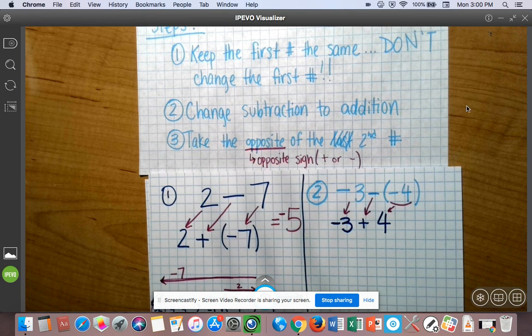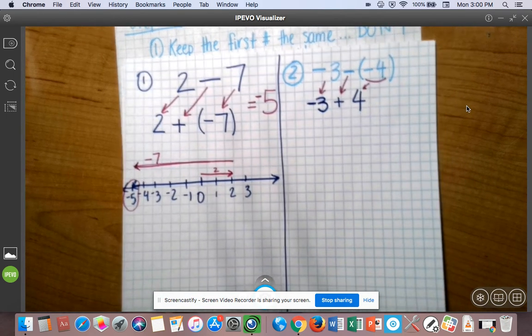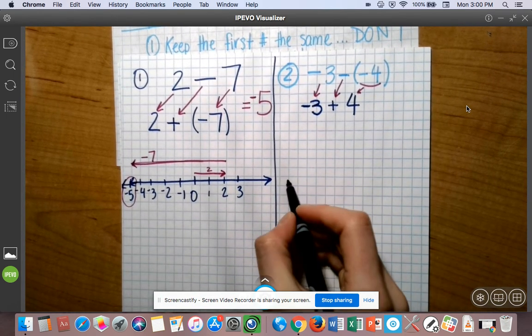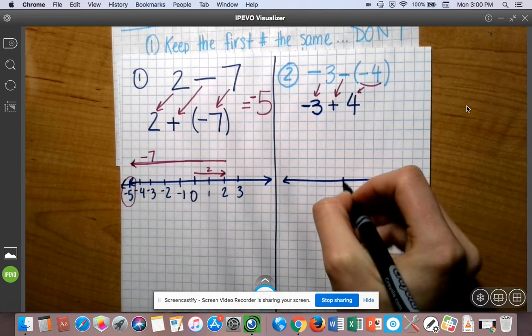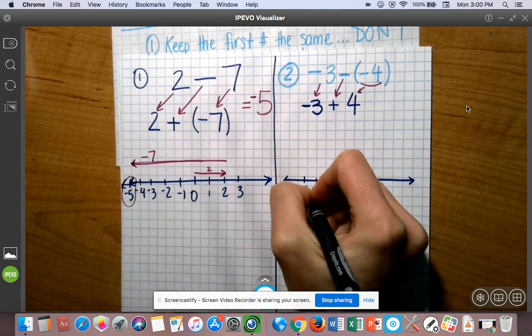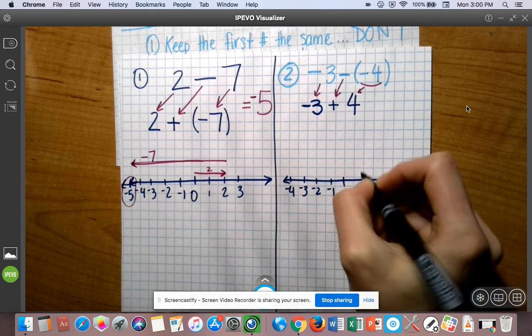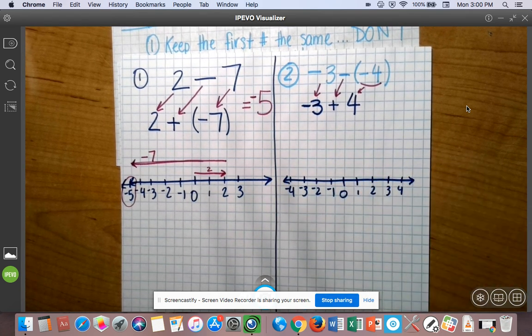Okay, now you might know this off the top of your head. Awesome if you do. If not, just like we did before, I'm going to draw a quick number line. And this will be the last example. Quick number line. 0, 1, 2, 3, 4. Okay.